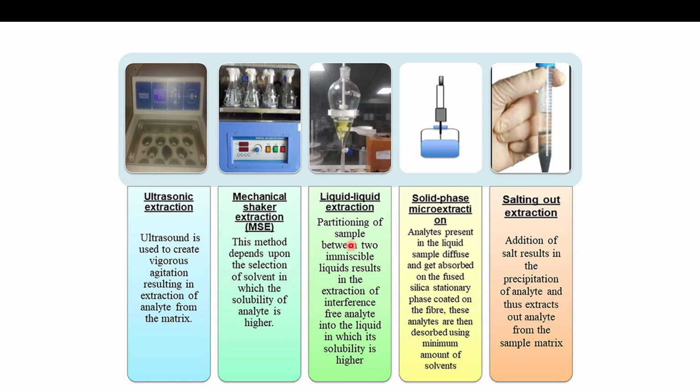We were using the solubility of the DNA and proteins to separate them out, right? If we make that analogy, then in liquid-liquid extraction, partitioning of the sample between two immiscible liquids results in the extraction of interference-free analyte into the liquid in which its solubility is higher. The sample will move towards the liquid into which it is more soluble, right?